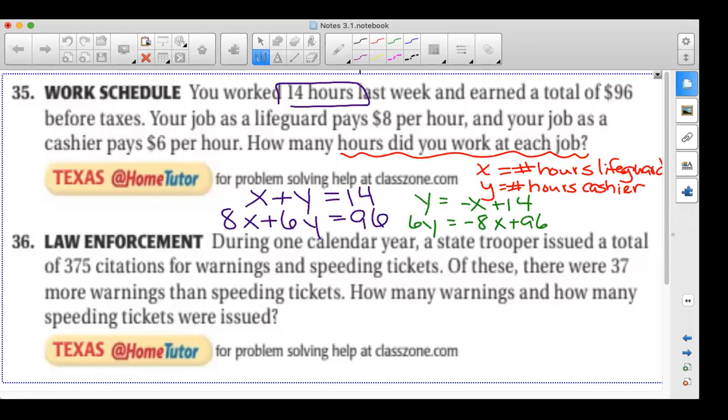Does anybody know if I divide by 6, 96, does that divide by 6? 16. So negative 8/6 becomes negative 4/3, and then 16. I know 90 divided by 6 is 15.